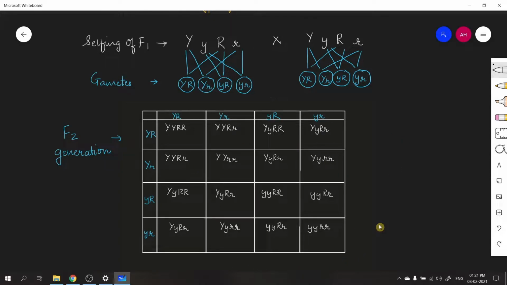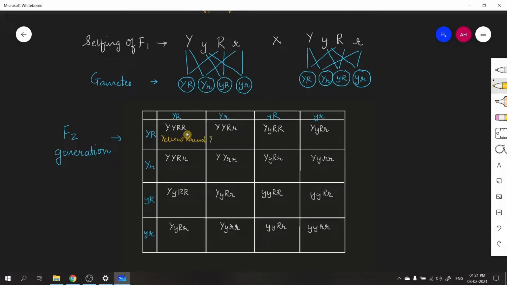Now next step is to write down the phenotype. So I'm going to write down the phenotype there itself in the box under the genotype. So let's say for the first one is capital Y, capital Y, capital R, capital R. The phenotype is going to be yellow and round. Alright.